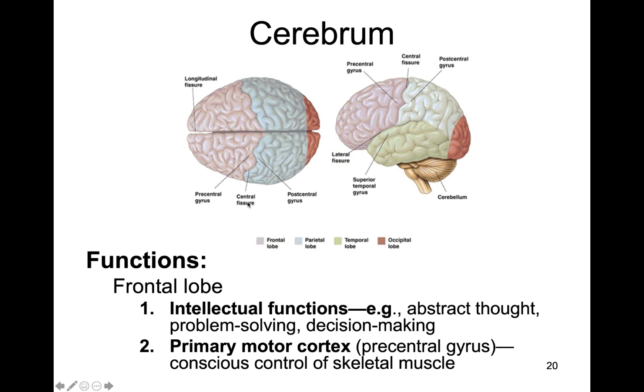That's called central fissure. The ridges that are in front of that are called the precentral gyrus, and the ridges that are after central fissure are called postcentral gyrus. And there's one more thing that's called lateral fissure. So there was the longitudinal fissure, central fissure, and then the lateral fissure.